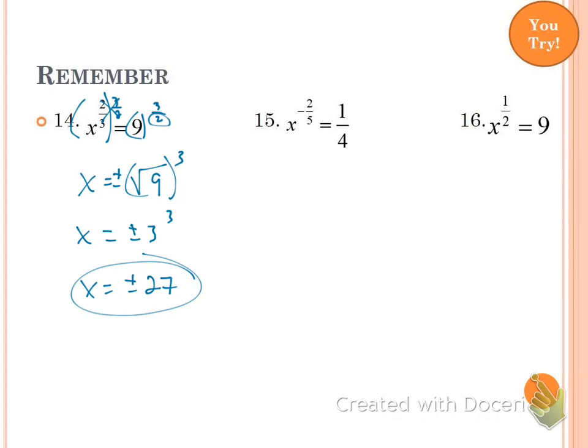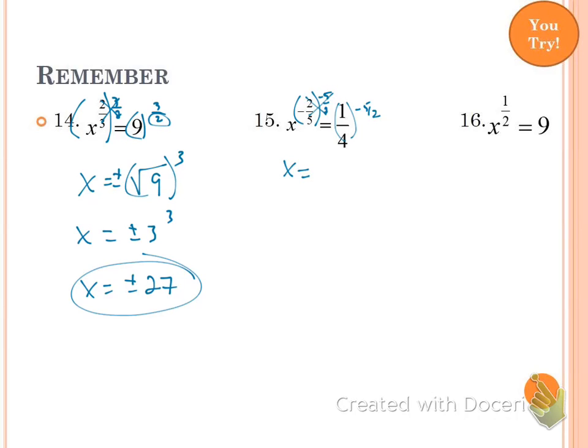15, kind of the same, only now the exponent's negative, and I don't want to move the x base so that the exponent is positive. I'm just going to go ahead and raise this to a negative 5/2 power to achieve my exponent of 1. I just got to remember how to handle 1/4 to the negative 5/2 power.